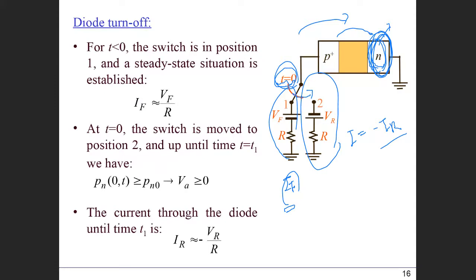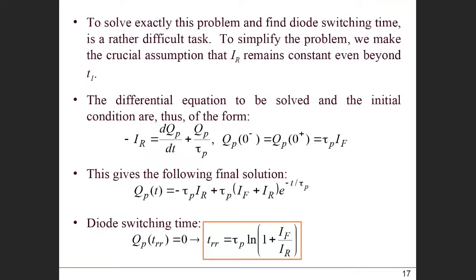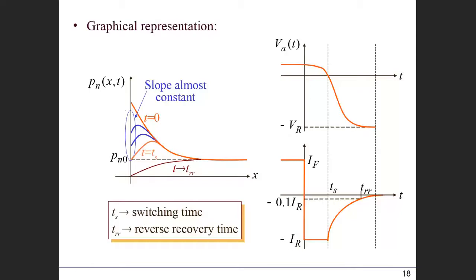Instead, the hole concentration changes slowly and then eventually goes to the reverse bias condition.